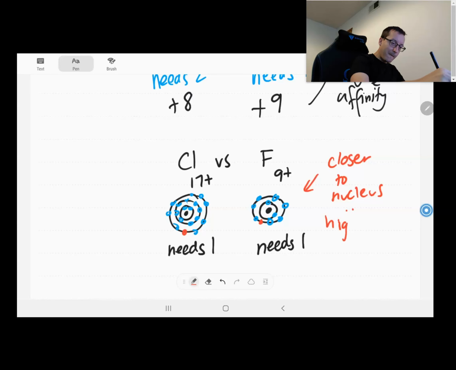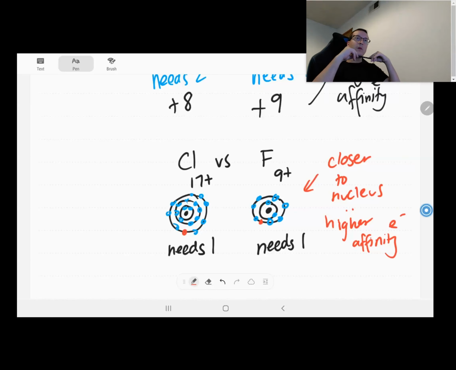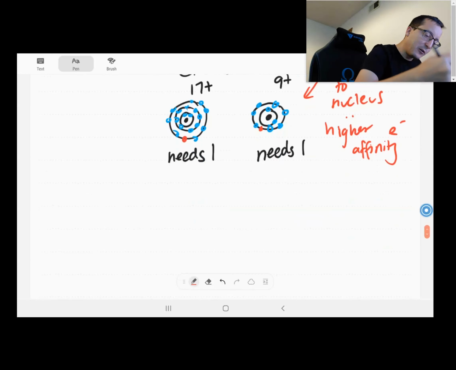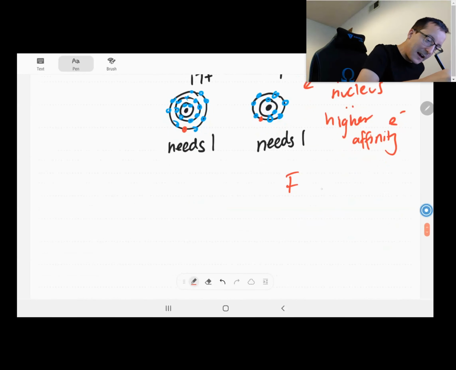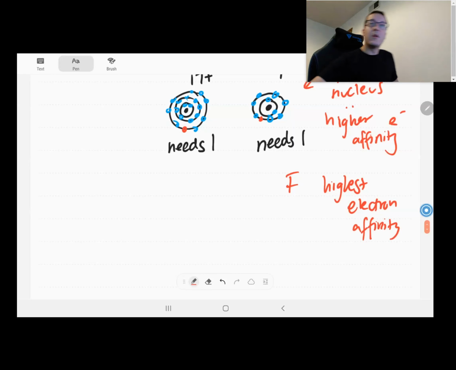Higher affinity. In fact, we are going to see that fluorine has the highest electron affinity. Alright, and we saw that oxygen had lower. Yes, very good, Elsa. You're absolutely right.